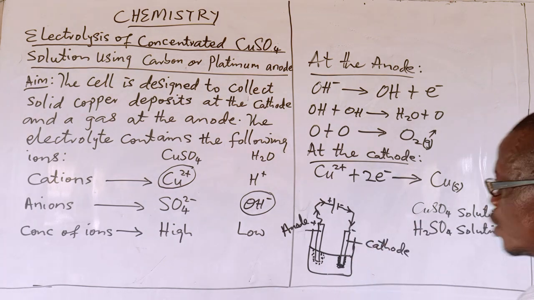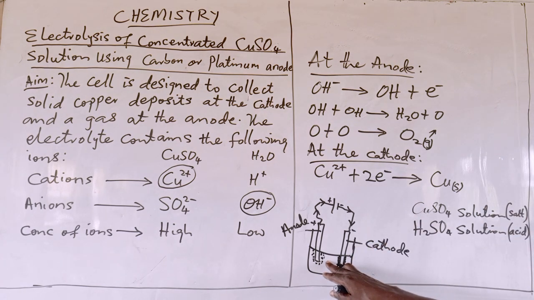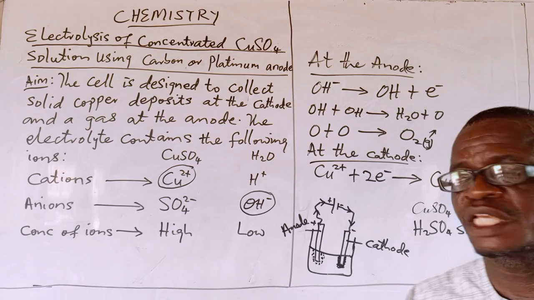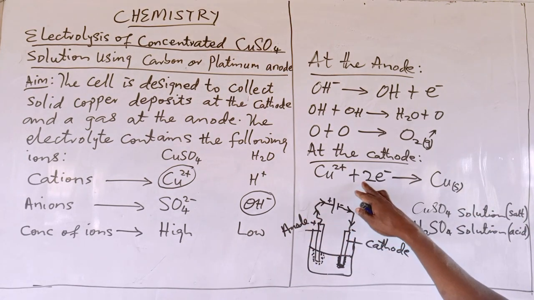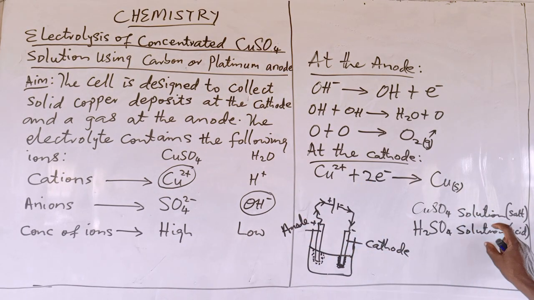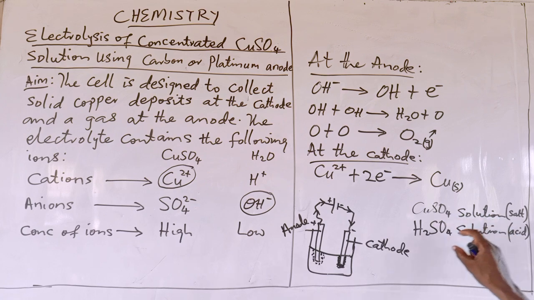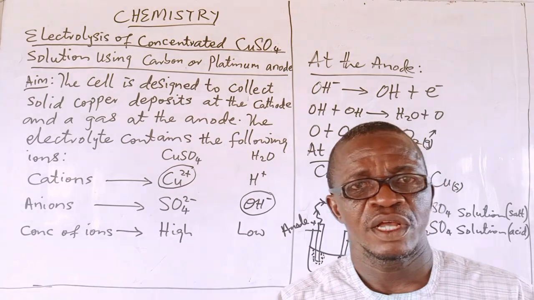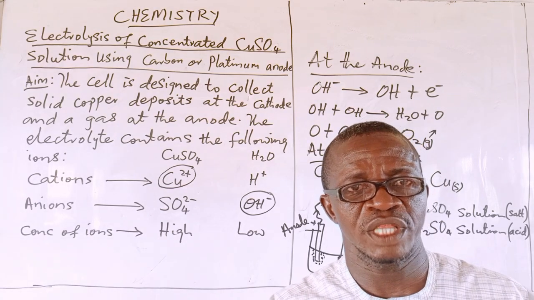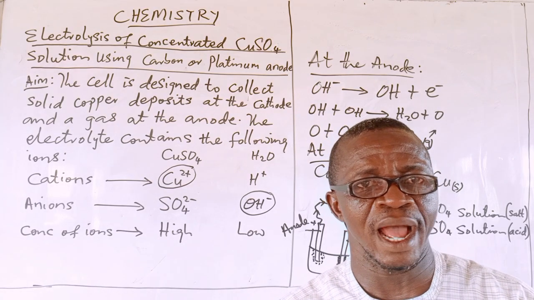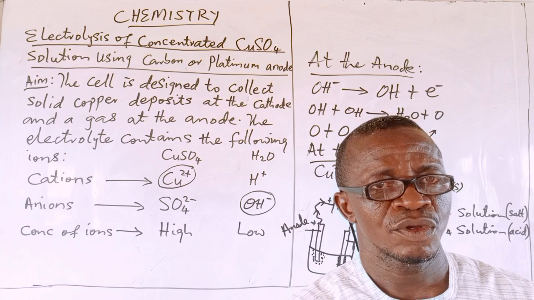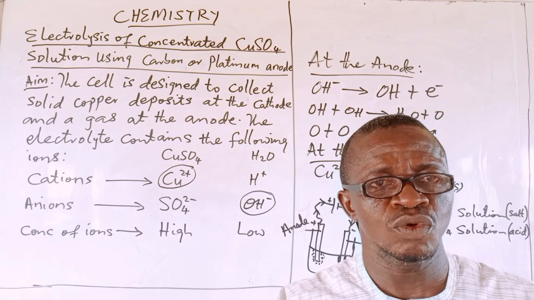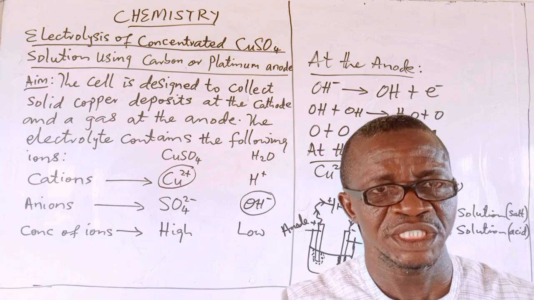At some point, what again will happen to that solution? Remember, since the solution is gradually turning acidic, in electrolysis of acidified water, we saw that hydrogen and oxygen were liberated from the solution, causing the solution to be more acidic with time.